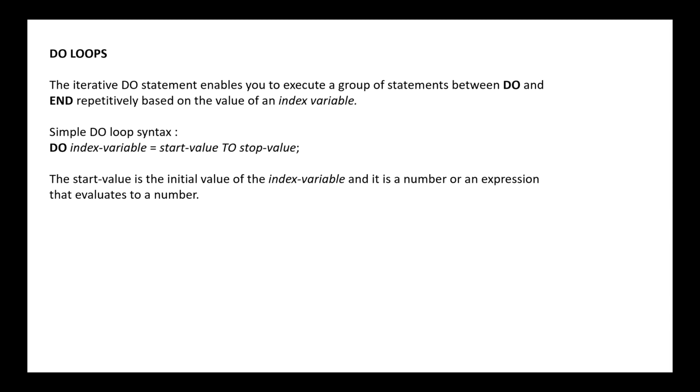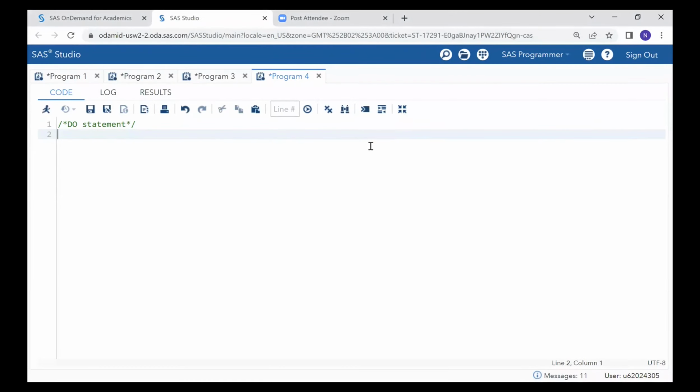Let us head over to SAS and look into a simple example. In this video, we are going to demonstrate how to do loops in SAS. In SAS, the way we create loops is by specifying a do statement.